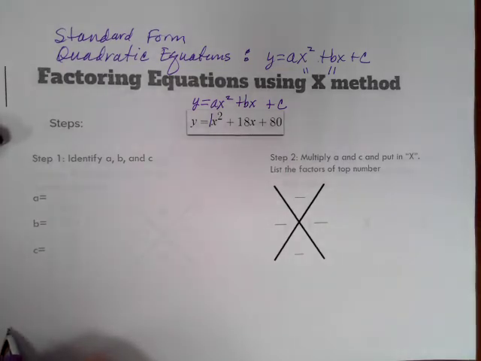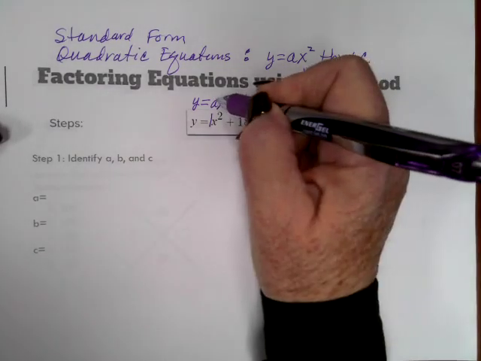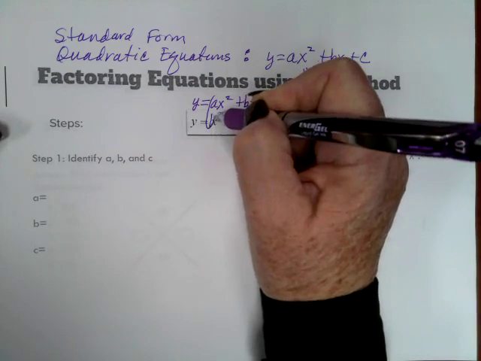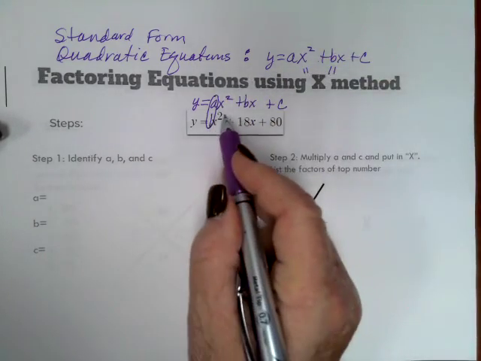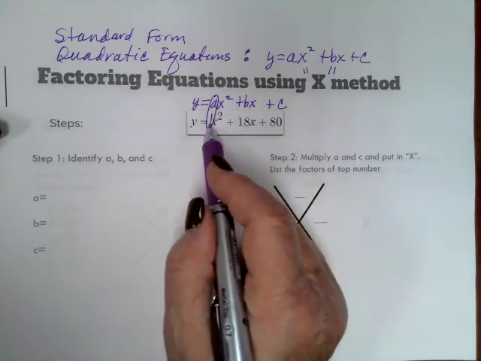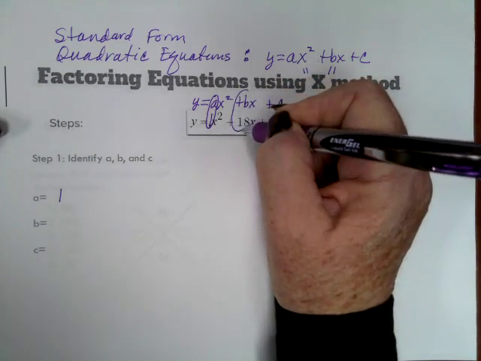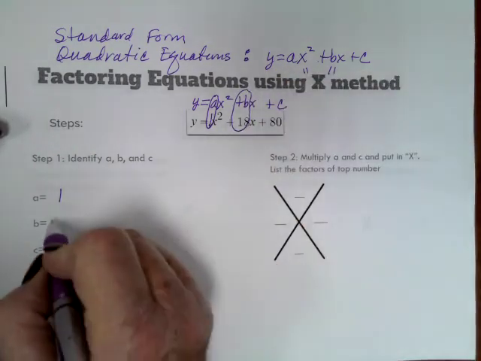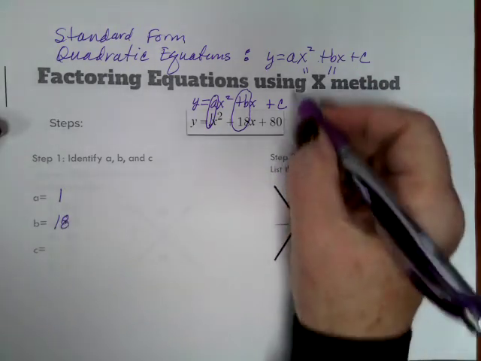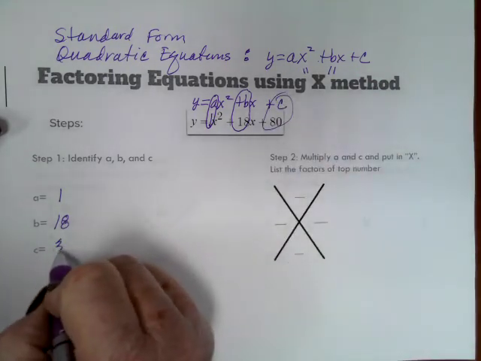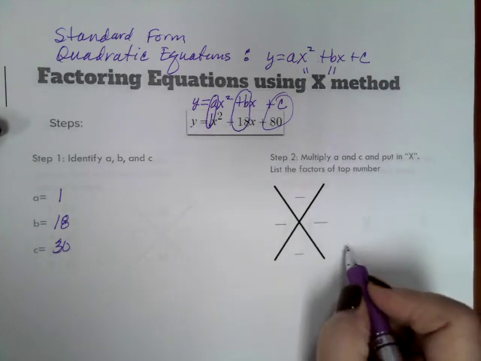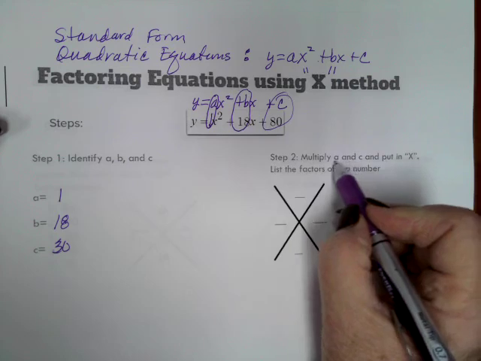One thing I want you to get used to is saying that a is just a number. It's not the x squared. A itself is just the number, so it'd be 1. Your b value goes with the x, but we just want the number, 18. C is 80. This is multiply a and c together.